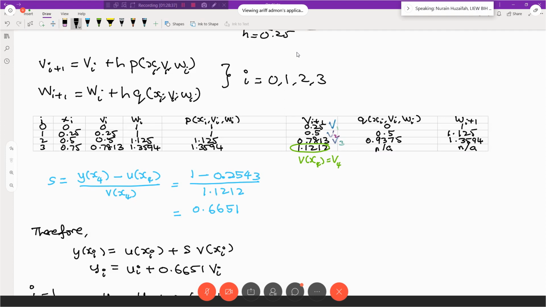Okay, good. So basically we cannot use y(x3), cannot use y(x2), cannot use y(x1).